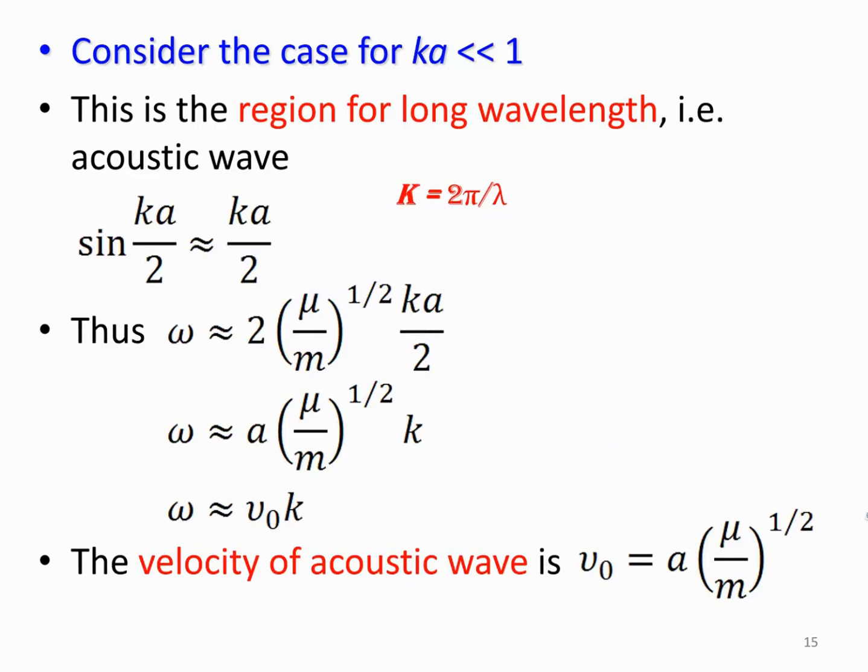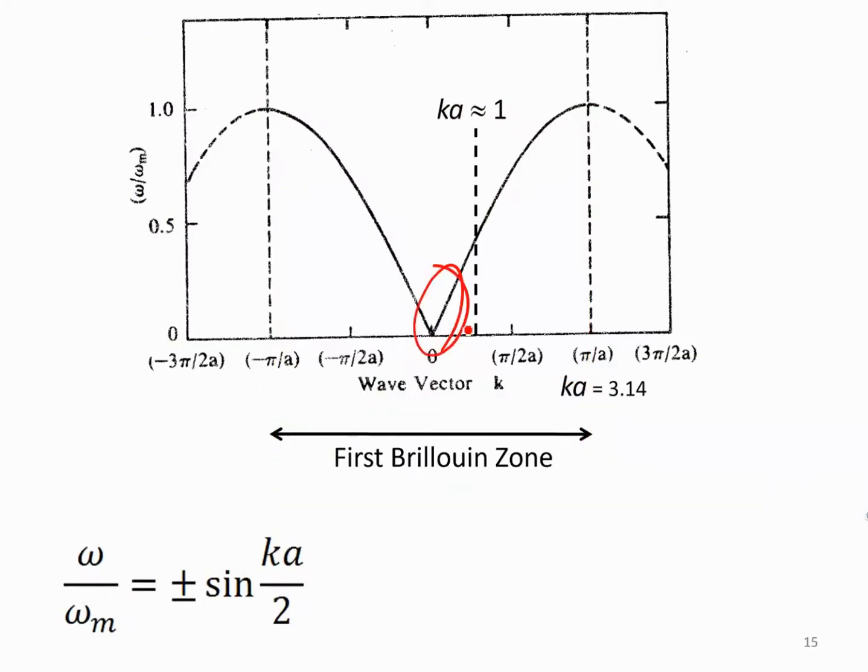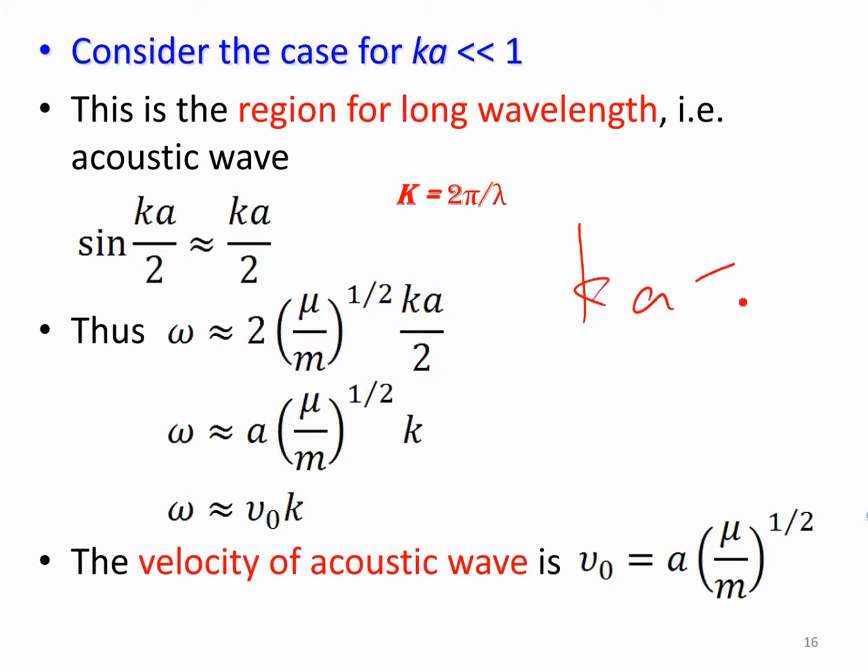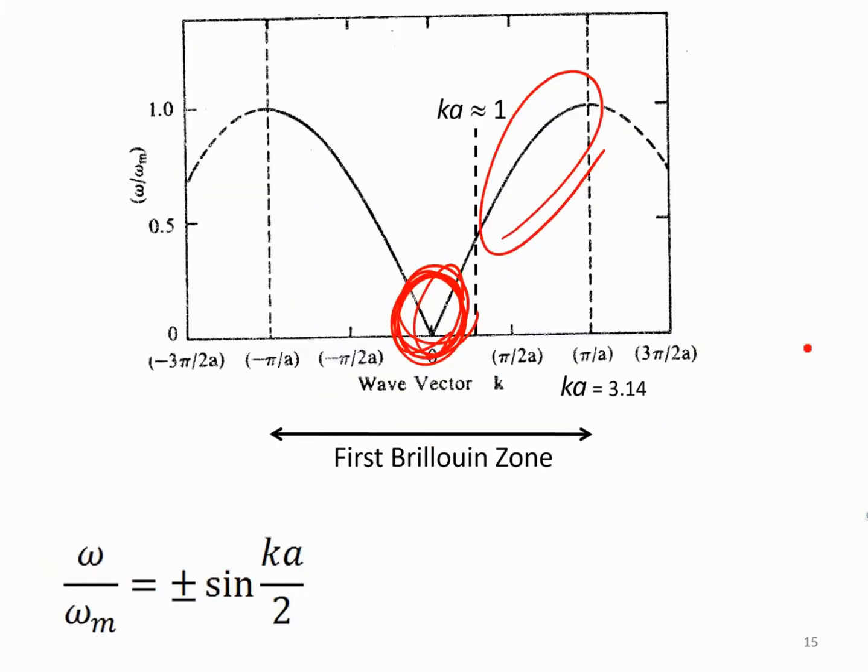So now we consider two situations. The first situation is this section, the second is the rest. We start from this section. For this section, Ka is very small, K is very small.